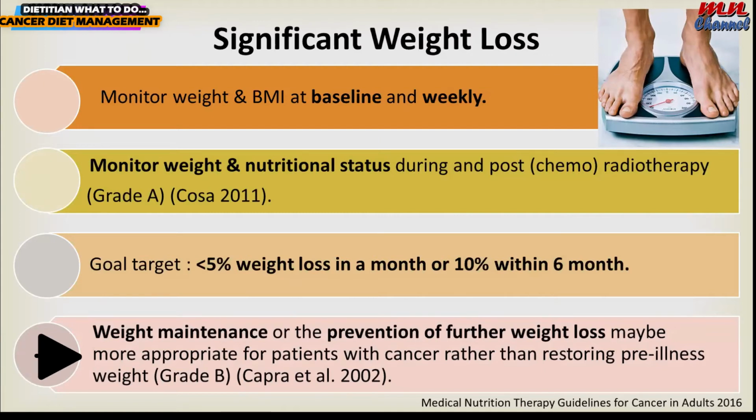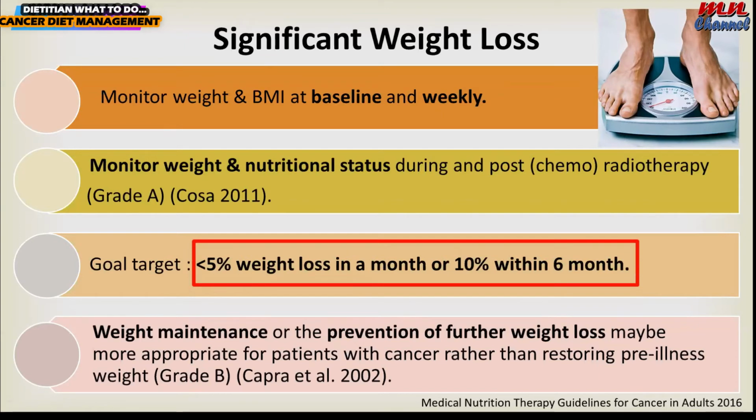And weight maintenance or prevention of weight loss may be more appropriate for cancer patients than restoring the pre-illness weight. So if the patient's current weight is 60 kg, we had better maintain that weight rather than restore the previous weight. Let's say the pre-illness weight is 80 kg. So we maintain the current weight.